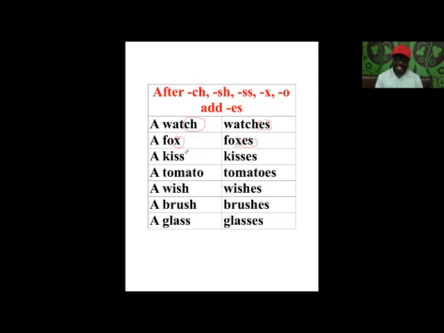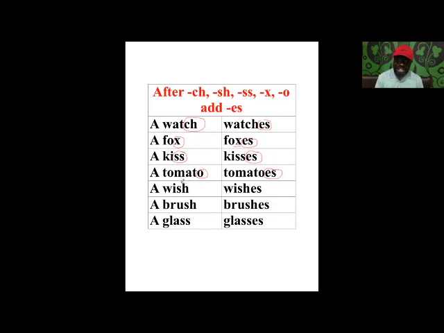A kiss. The word kiss ends in double S. So we add ES. Tomato. Because it is one, we put an article. A tomato. The word tomato ends in O. So we add ES. A wish.